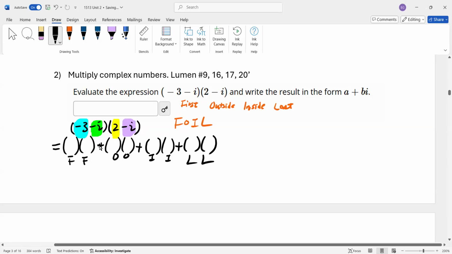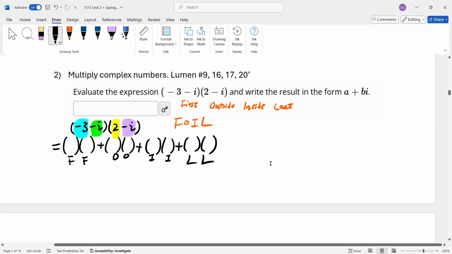Notice we have an addition sign in the middle, and each step has 2 parentheses multiplied together. So see the structure here.